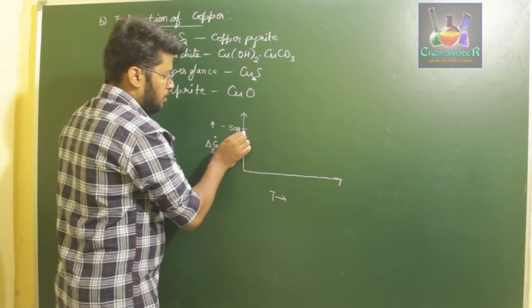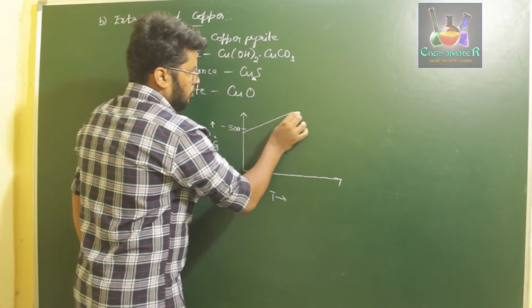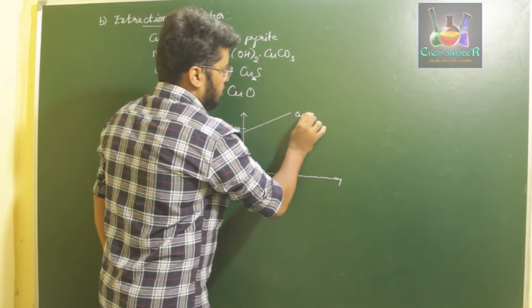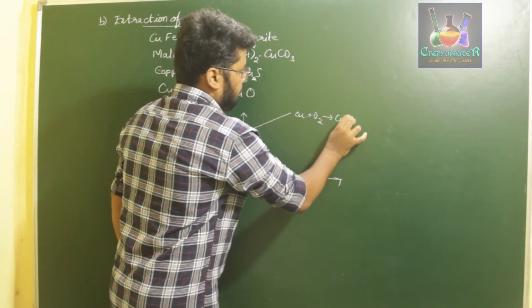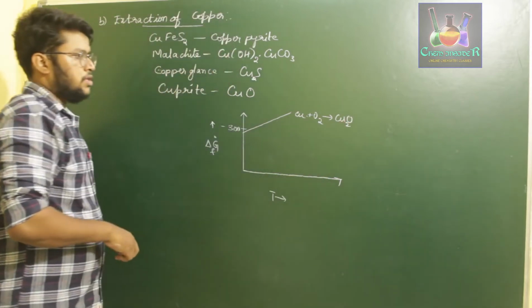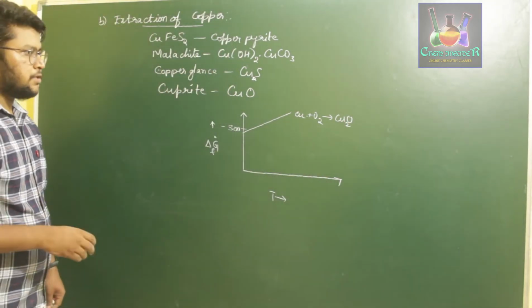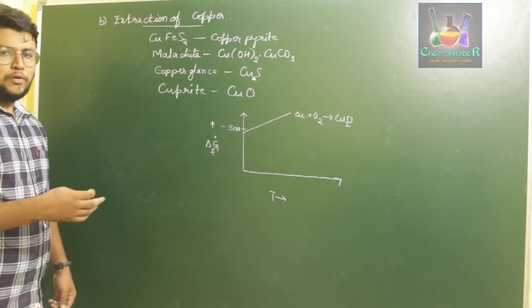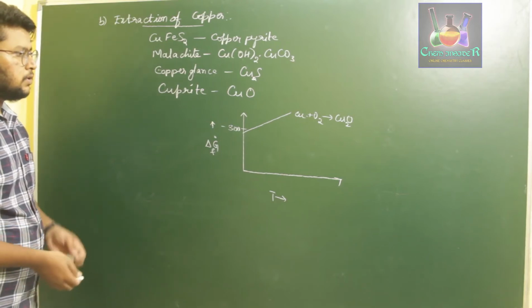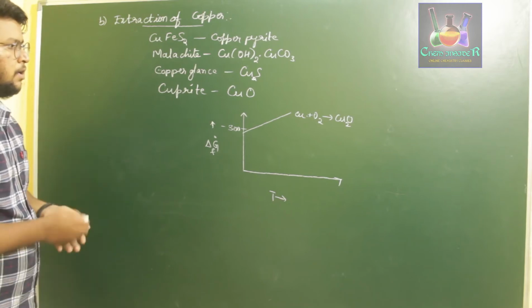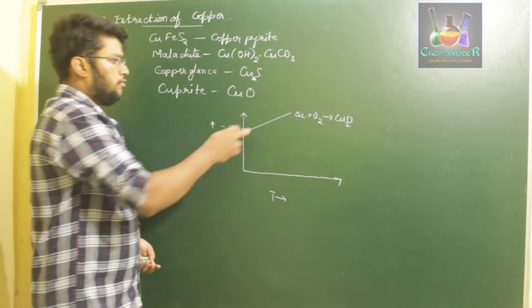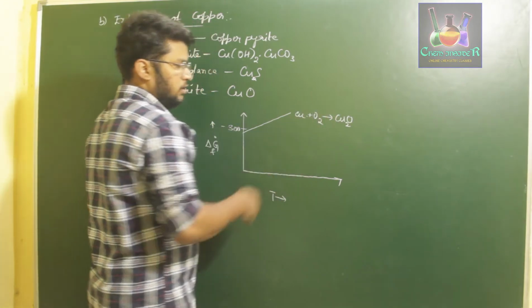We observe the conversion of copper to cuprous oxide, Cu plus O2 giving Cu2O. This is the reaction for the formation of copper oxide.